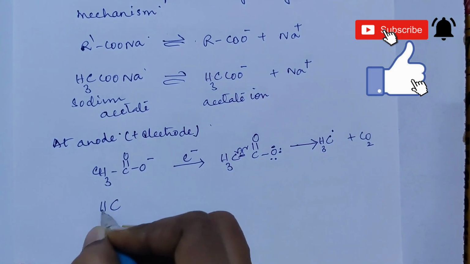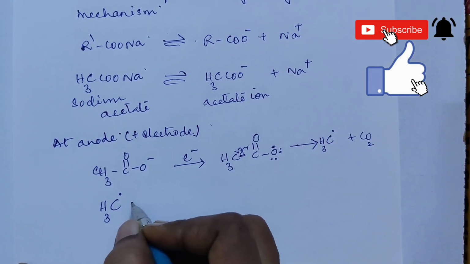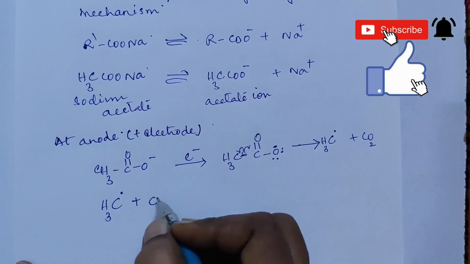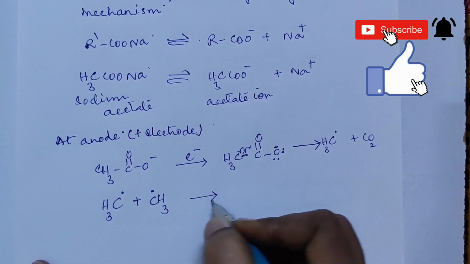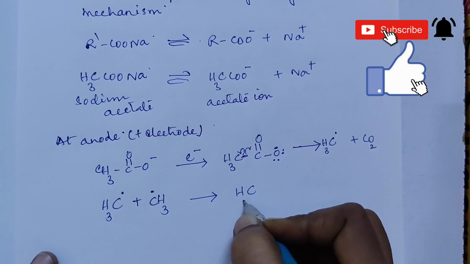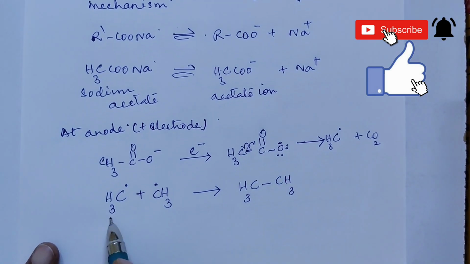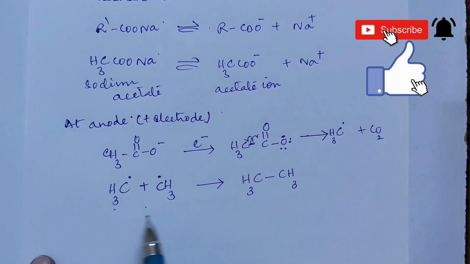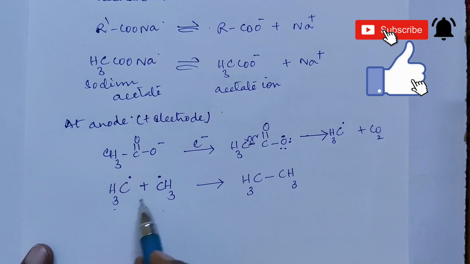This methyl free radical is highly reactive, and it will combine with another methyl free radical and form ethane. Free radicals are highly reactive species and try to combine with other free radicals.